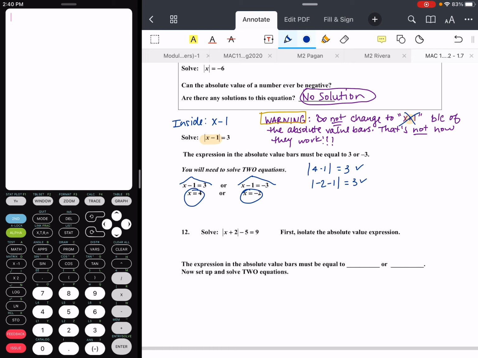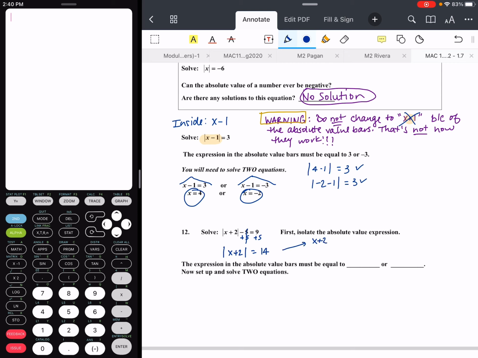All right, number 12. The absolute value of x plus 2, then minus 5 equals 9. Our first step would be to isolate our absolute value. So here I have the absolute value of x plus 2 equals 14. From there, I'm going to take what's inside and set up my two equations.